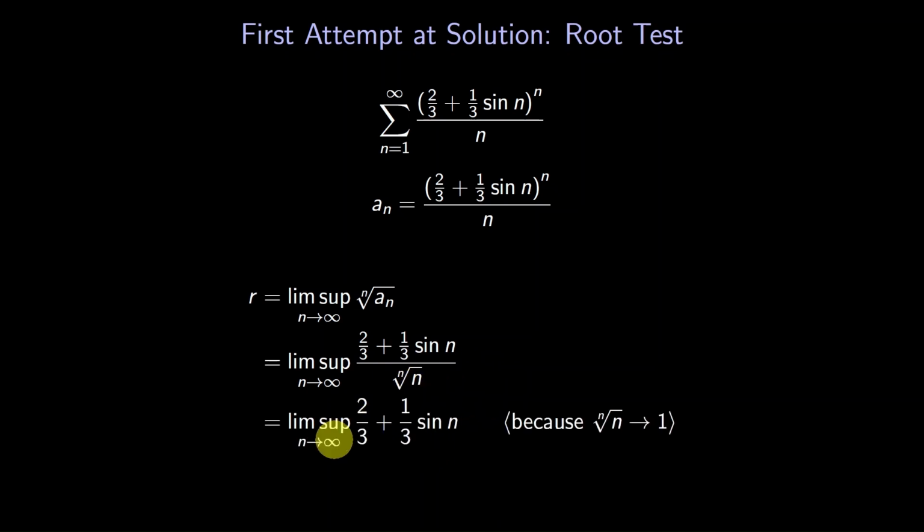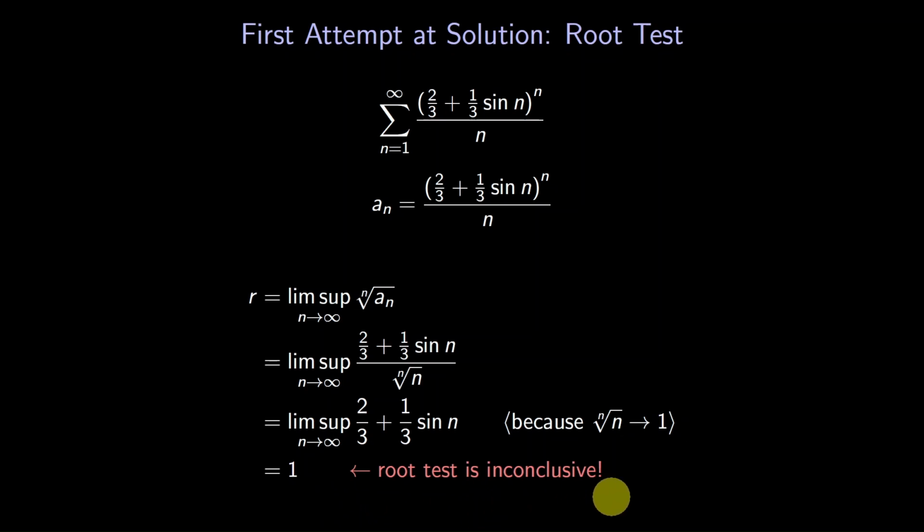It approaches 1 as n goes to infinity, so we can remove it from the limit. The value of sine n oscillates between -1 and 1, so its upper limit is 1. Let's plug that in. We find the entire upper limit to be 1. What does that mean? That means the root test is inconclusive. The root test won't help us.